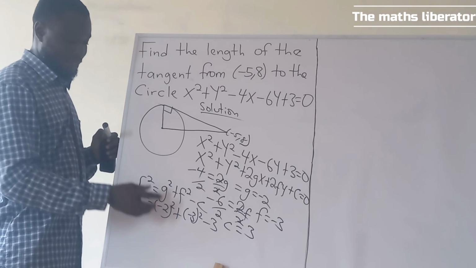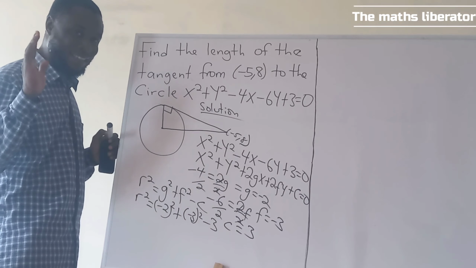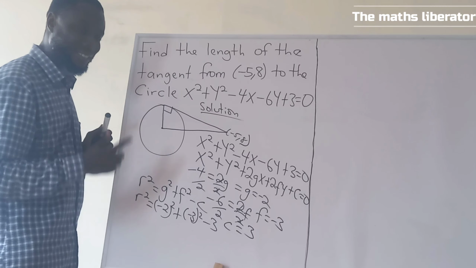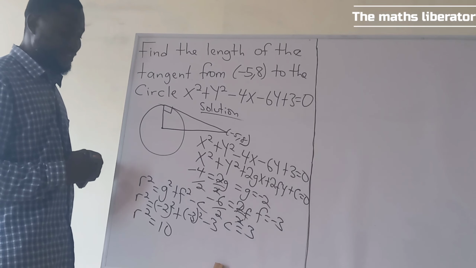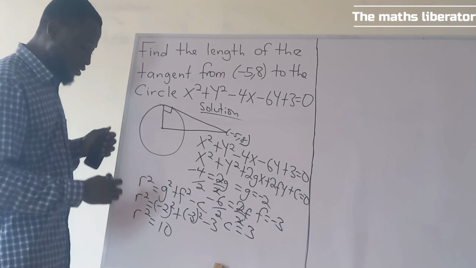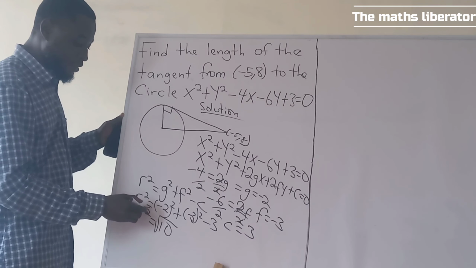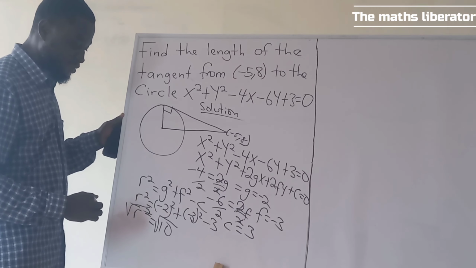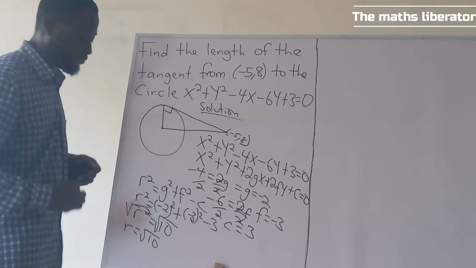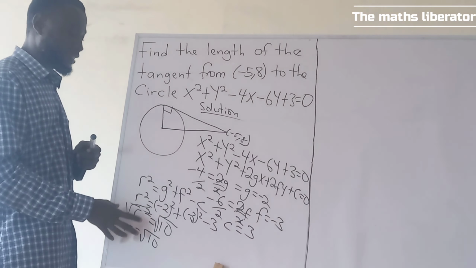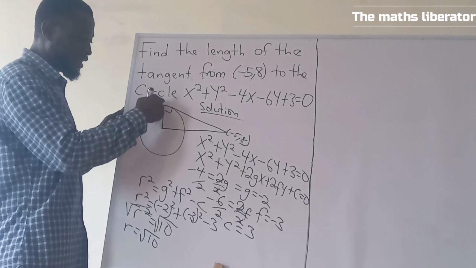Negative 2 squared is 4, plus negative 3 squared is 9, making 13. 13 minus 3 is 10. So our r squared becomes 10. Since we are looking for r, we square root both sides, and the square and square root cancel out. Therefore, our radius is square root of 10.